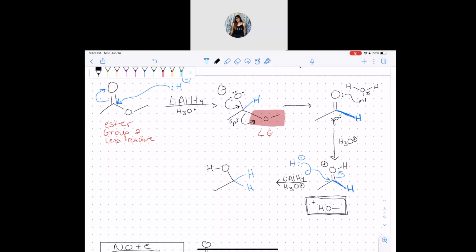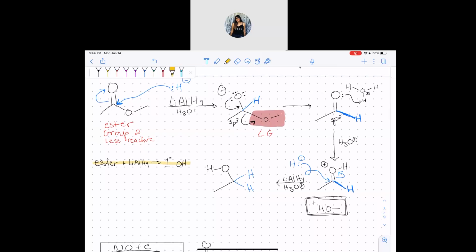So, in summary, we can basically say that ester has to react with LiAlH4 to make a primary alcohol. And I don't want to redraw the entire reaction mechanism because it's just a lot of work, but the exact same thing will happen for carboxylic acid.